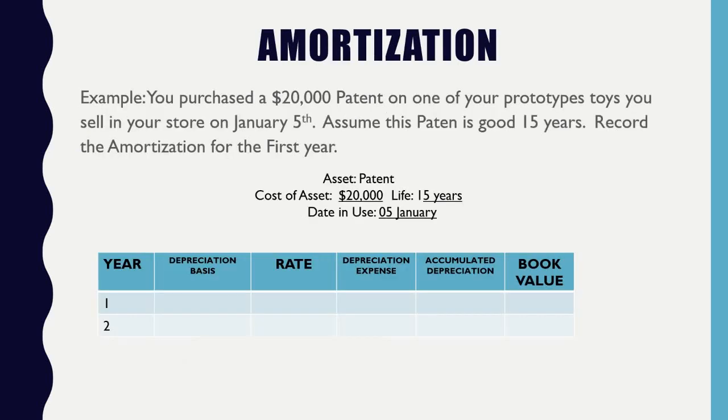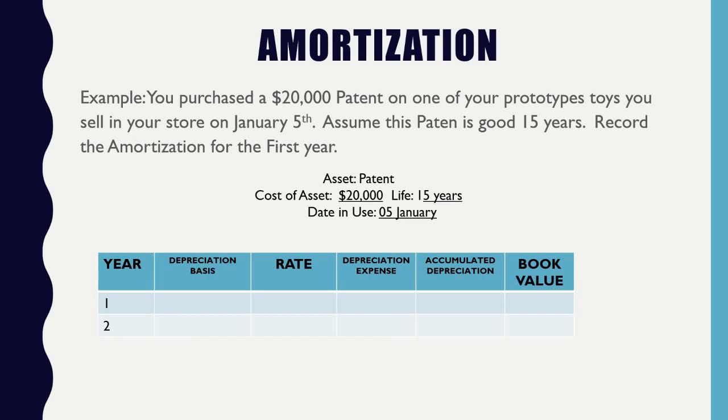So let's go ahead and look at this example here. You purchase a $20,000 patent on one of your prototypes, and you're going to sell it in your store, placing it in service on January 5th. Assume that this patent is good for 15 years. So record this amortization.